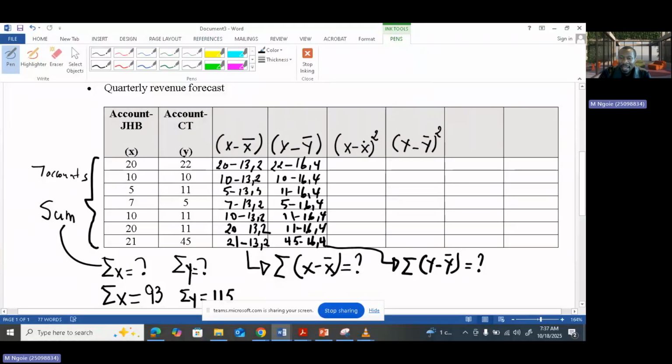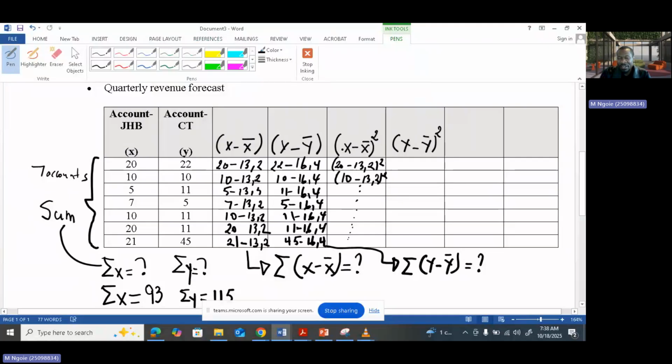So what does it mean by x minus x bar squared? You take this one, 20 minus 13.2 squared. You come again here, 10 minus 13.2 squared. This is how you're going to do it, everywhere here.